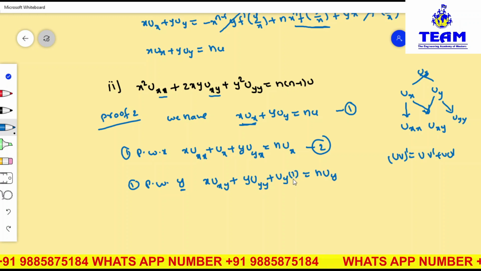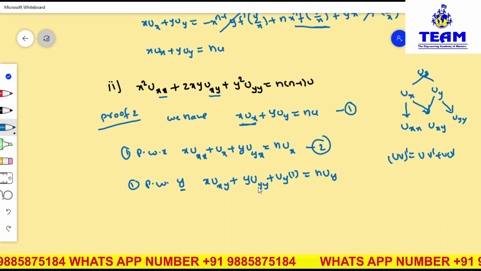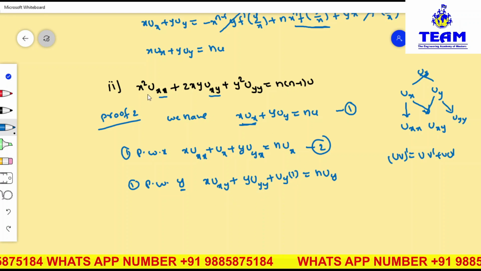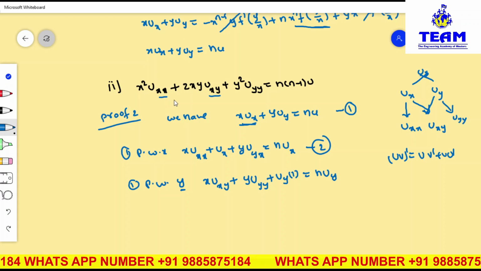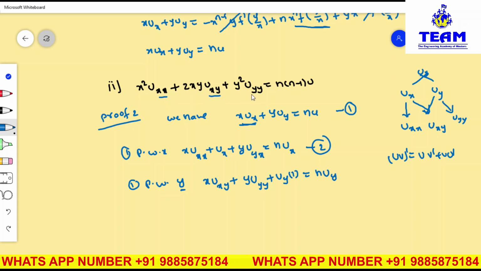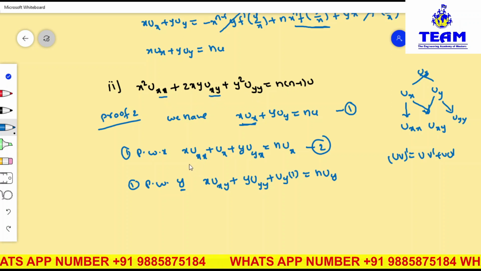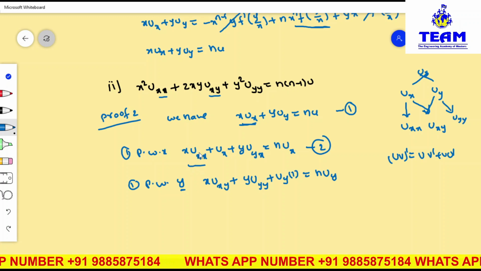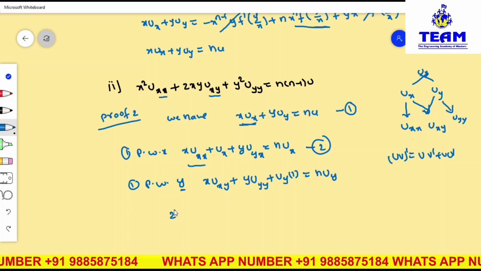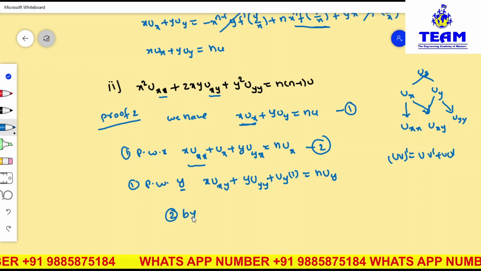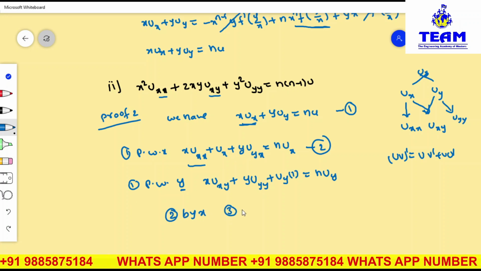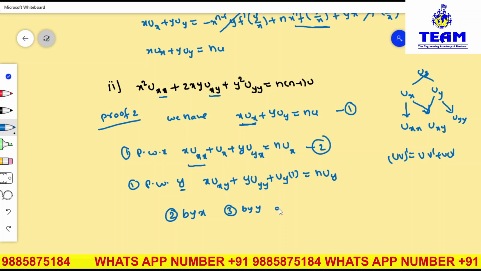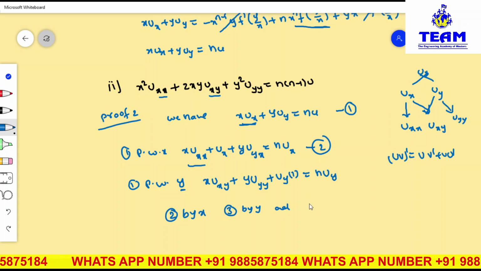Now, here you observe, we required x square into dou square u by dou x square and y square into dou square u by dou y square. But here you have x into dou square u by dou x square. So I am multiplying equation 2 by x and also equation 3 by y, and I am adding these two equations.